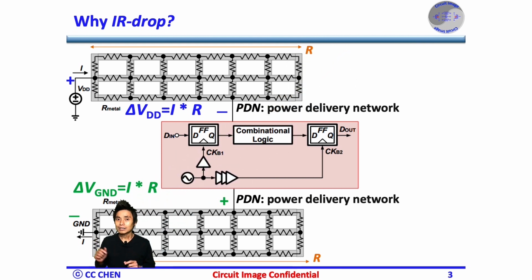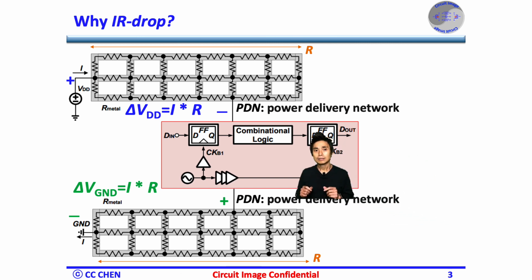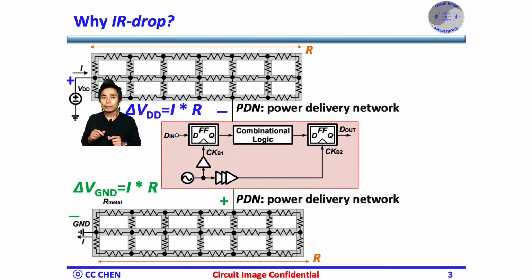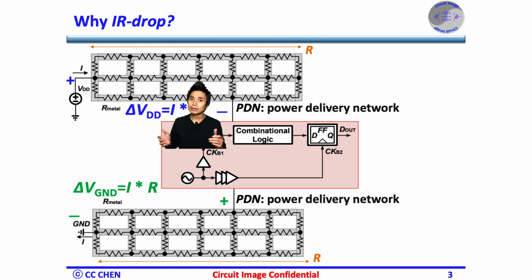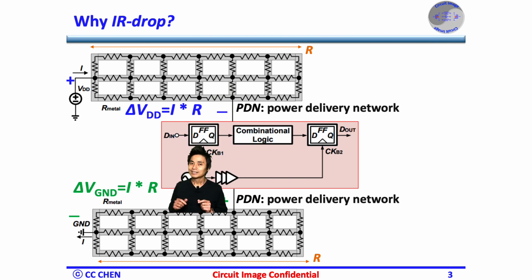Then the I would be the current flowing through the metal of those power grids, which is also called the Power Delivery Network, PDN. Therefore, the voltage drop may come from the current I times the resistance of the PDN, and we call it IR drop since again V equals I times R.